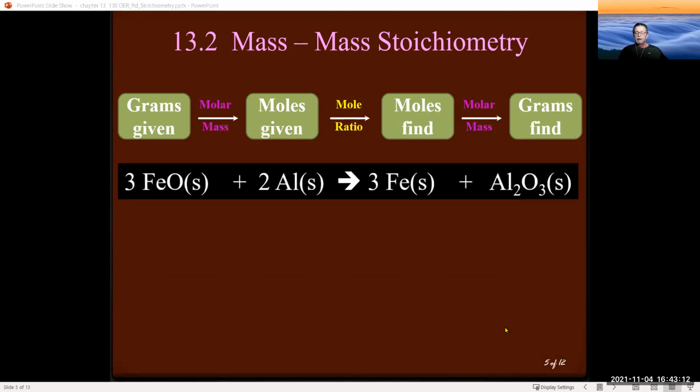Okay, let's take a look at this reaction. We have iron(II) oxide reacting with aluminum to give us iron and aluminum oxide. Now, can anybody tell me what type of reaction that is? What do you think?